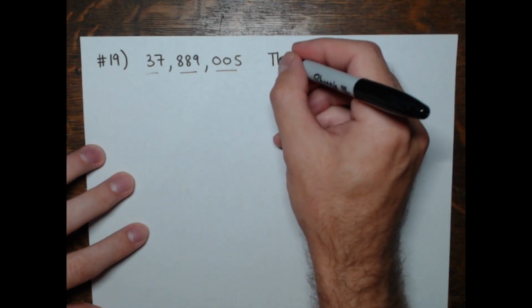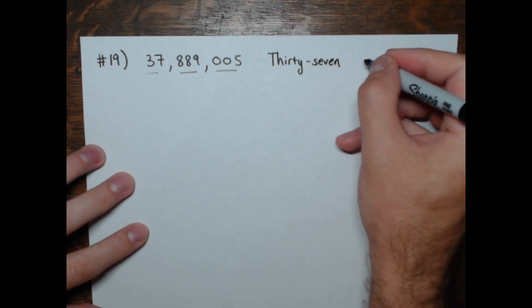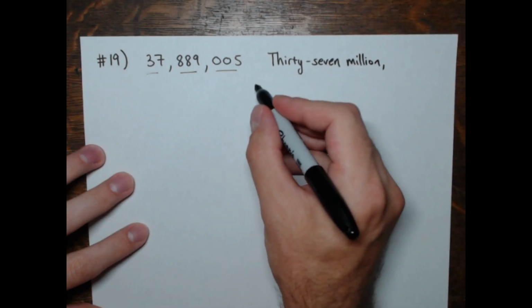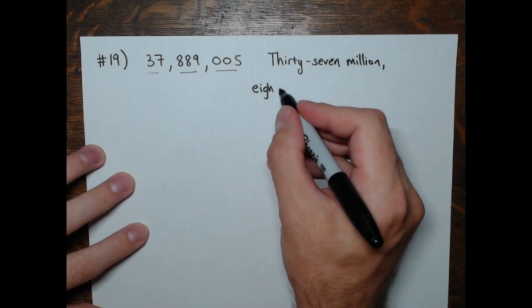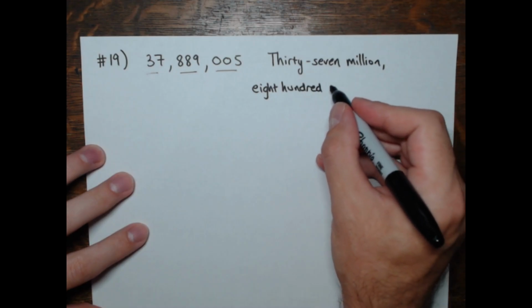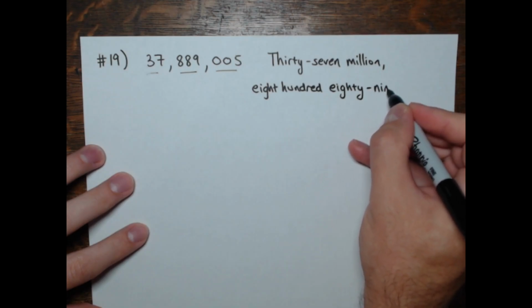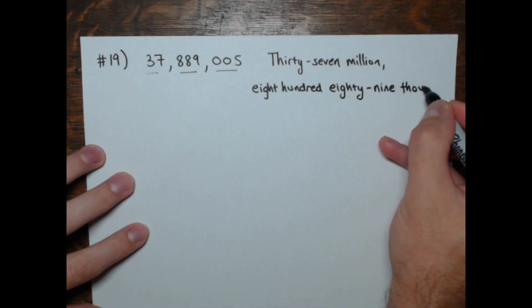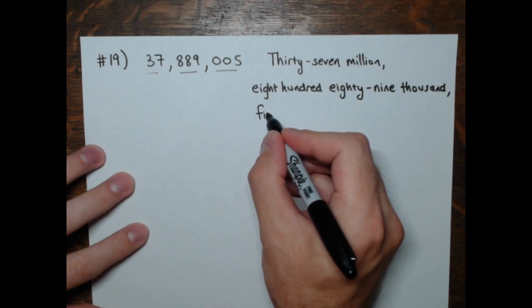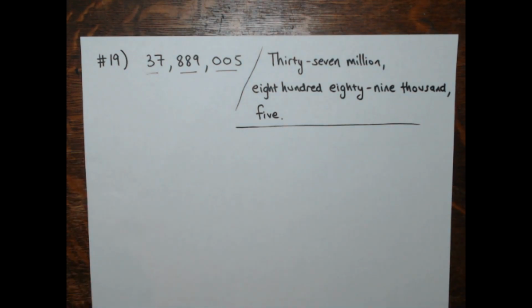I'll write that out. 37 million, comma, 889,000, comma, 5. And that's that number written in words.